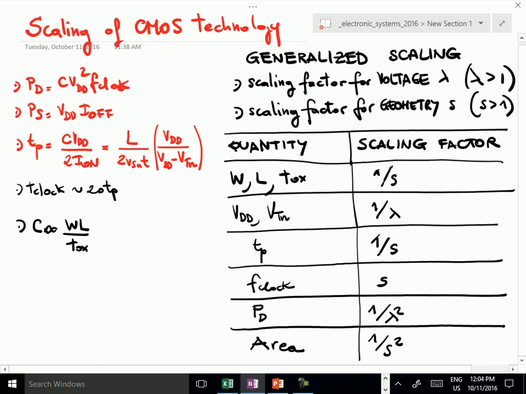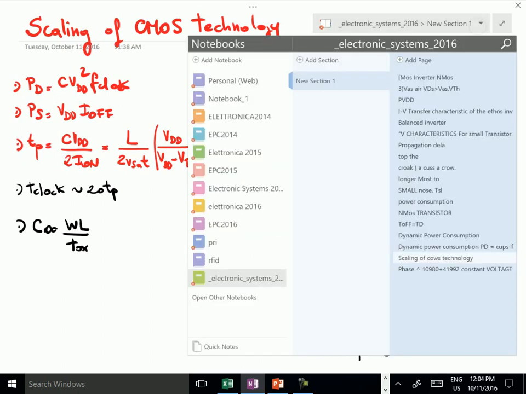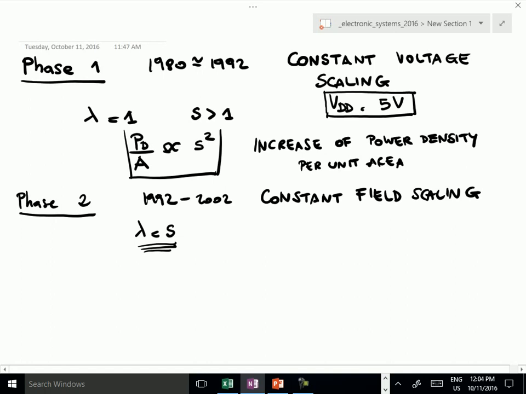They both scale with the same pace, and therefore their ratio is constant. So constant field scaling means that PD over A is constant. So this is a constant power density per unit area.